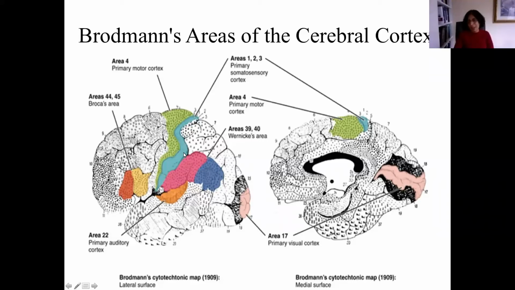Postcentral gyrus is part of a parietal lobe, and this is where the interpretation of the somatic senses will occur. Okay, so we will be looking at the expanded postcentral gyrus or precentral gyrus and how it's mapped within the brain. That would be an interesting topic to discuss later.